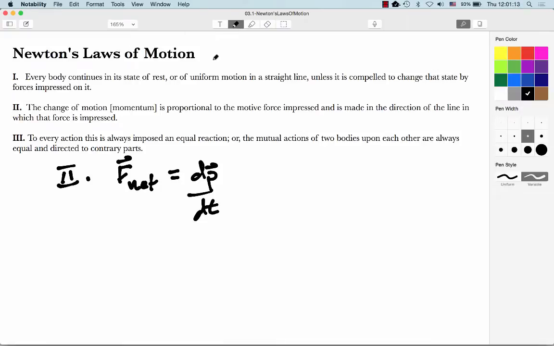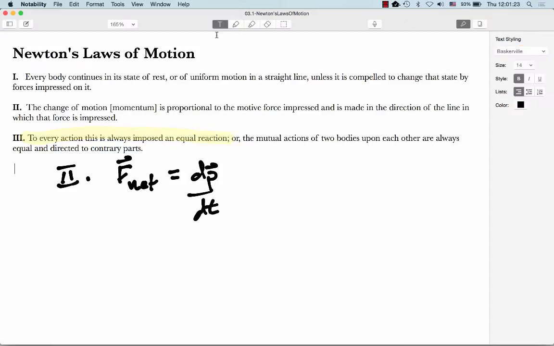for the third law, when Newton first wrote it, he only wrote this much of it right here. To every action there is always opposed an equal reaction.